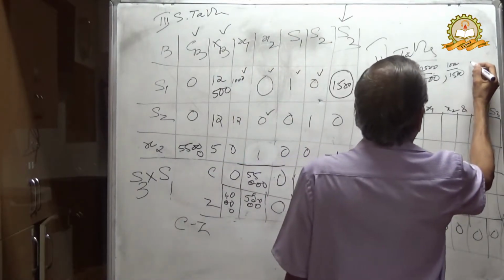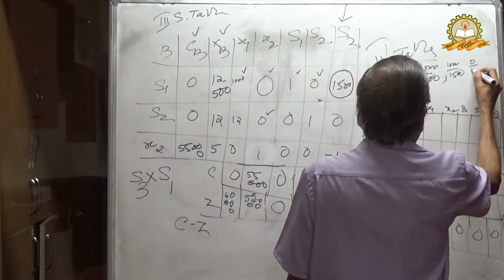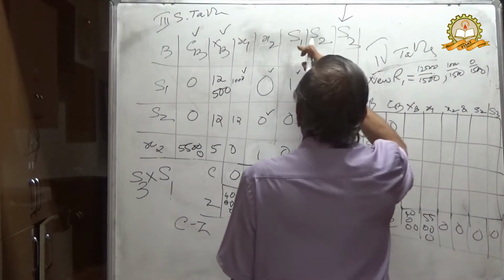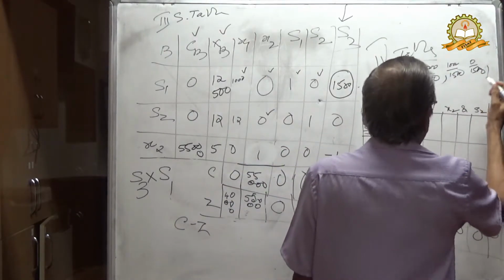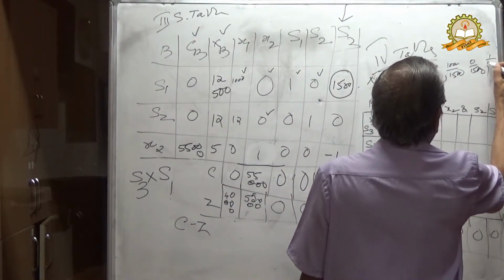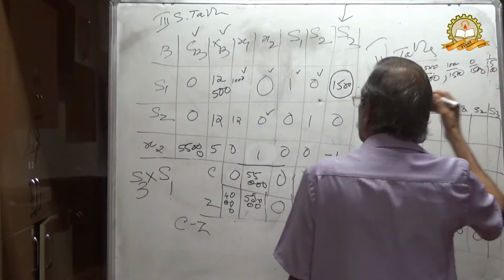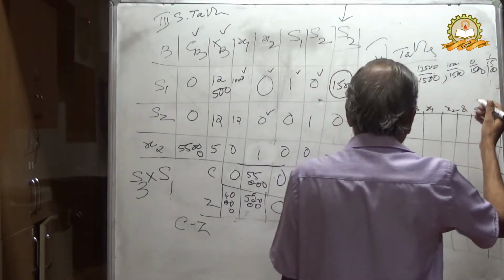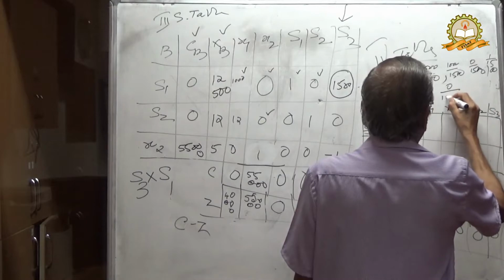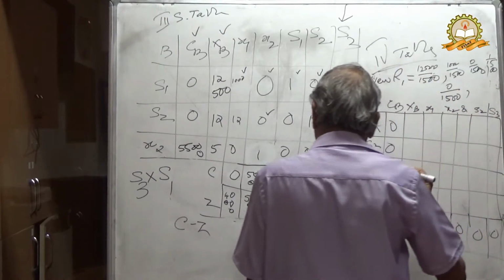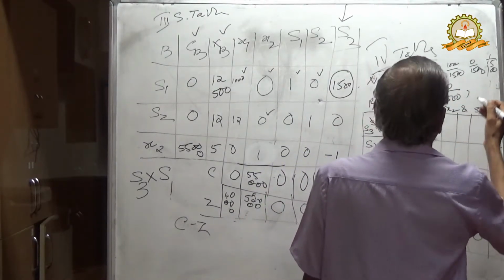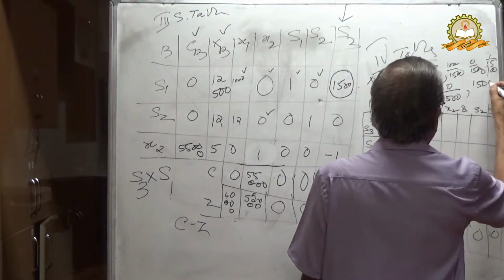Then under X2 you have 0 by 1500. Under S1 you have 1 by 1500. Under S2 you have 0 by 1500. Then the last one, 1500 by 1500.